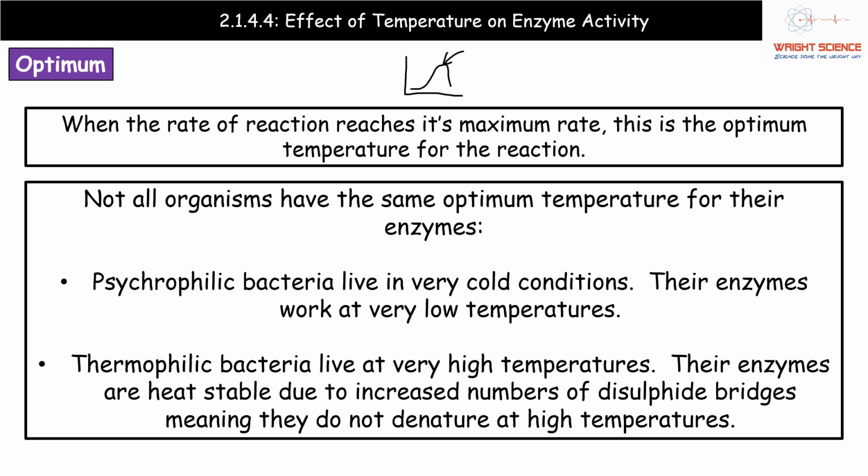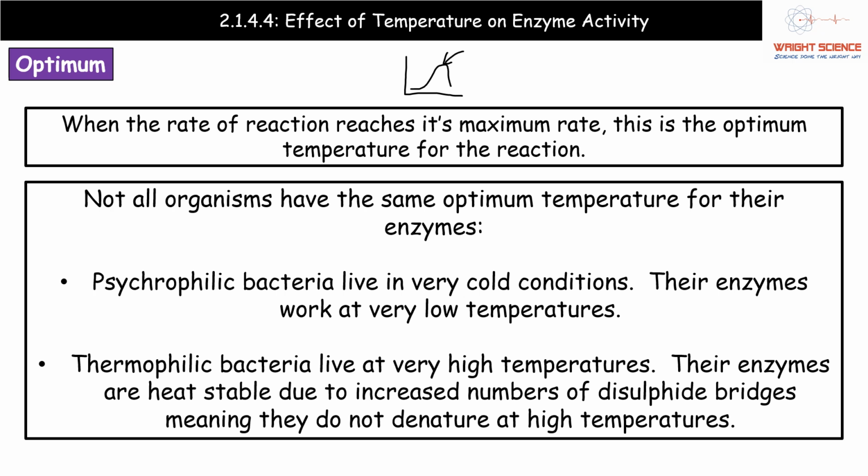They've adapted that way. The second one, the thermophilic bacteria, are the opposite. They live at very high temperatures. If we've got an organism living in very high temperatures, we can't have enzymes that are going to denature. Otherwise, all those enzyme catalyzed reactions are going to shut down. So the enzymes that we find in our thermophilic bacteria are what we call heat stable.